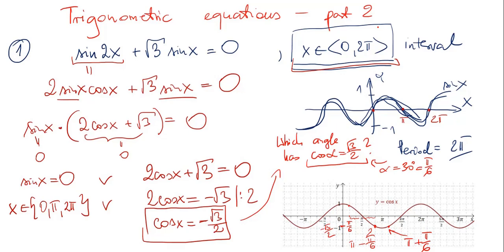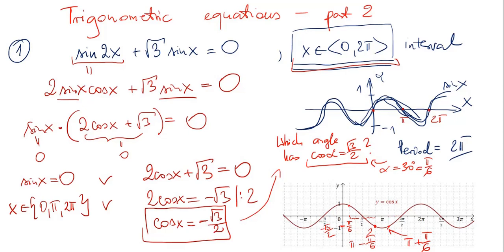So is it pi over 6, 30, or is it? I guess it looks good.